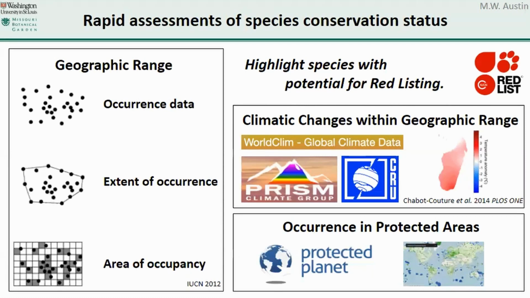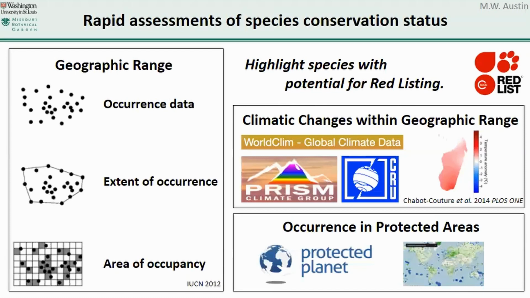Second, for species with sufficient temporal coverage in their occurrence data, extent of occurrence can be calculated in a historic time period and a contemporary time period. And by calculating climatic variation in each of those time periods, the magnitude of climatic change between time periods can give us an indication of threat status for that species, whereby a higher magnitude of change may correspond to greater threat level.